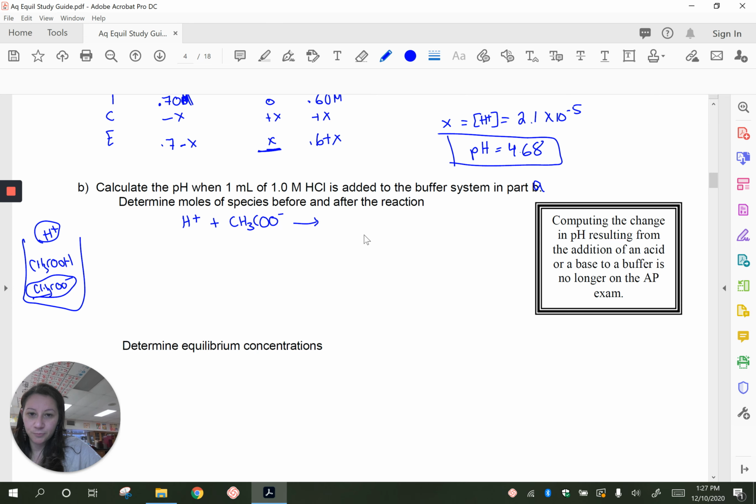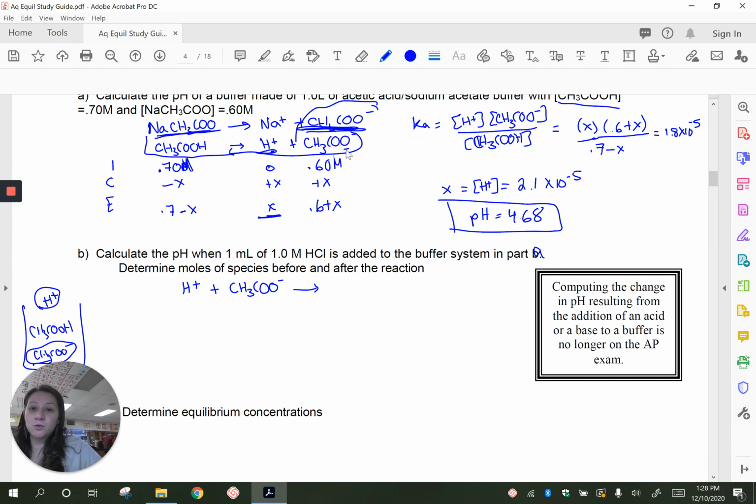It goes to completion. Versus if you're writing the dissociation of a weak acid or a weak base, that is an equilibrium. So look at the difference between them here. This is a weak acid dissociating, partially ionizing, so it's an equilibrium. This is an acid, HCl, reacting with a base, which is the acetate portion here. So that would be one single arrow.